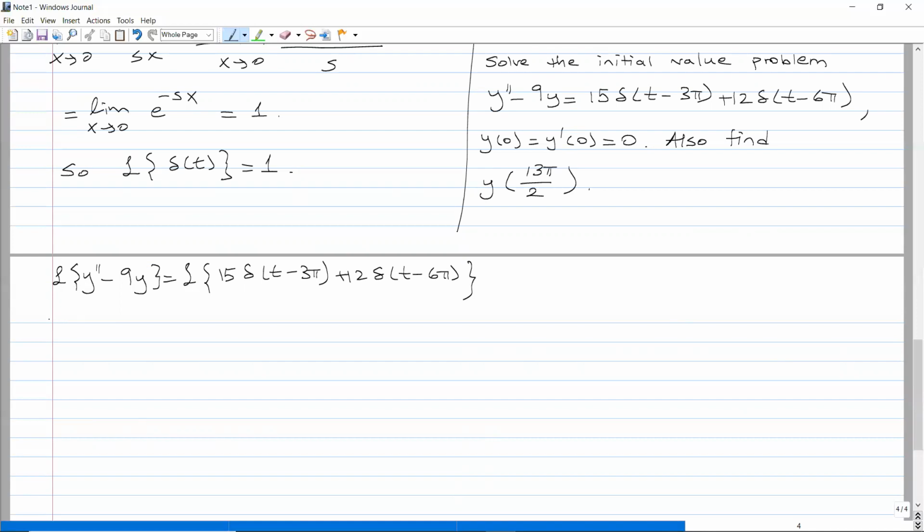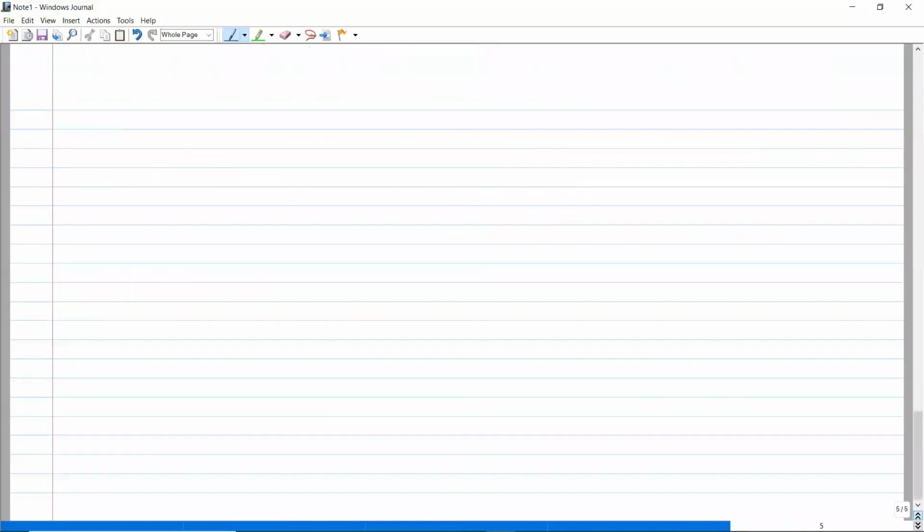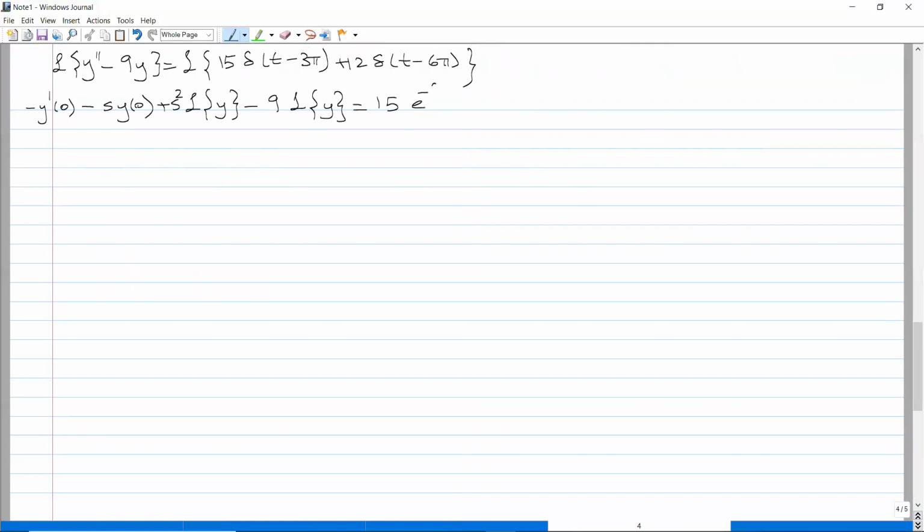Let's use the formula: minus y prime 0 minus s times y(0) plus s squared times the Laplace transform of y, minus 9 times the Laplace transform of y, equal to 15 times the Laplace transform of delta shifted by 3 pi, so e to the minus 3 pi s, plus 12 times the Laplace transform of delta shifted by 6 pi, e to the minus 6 pi s.